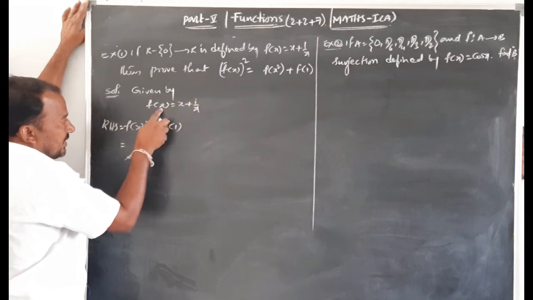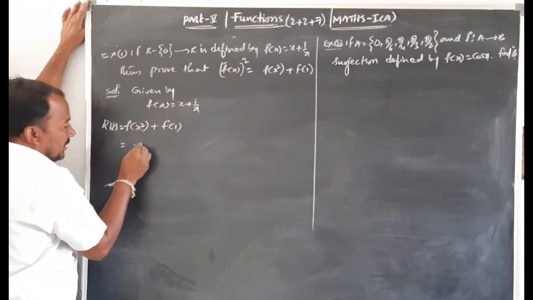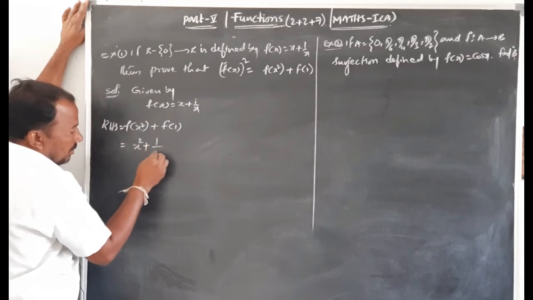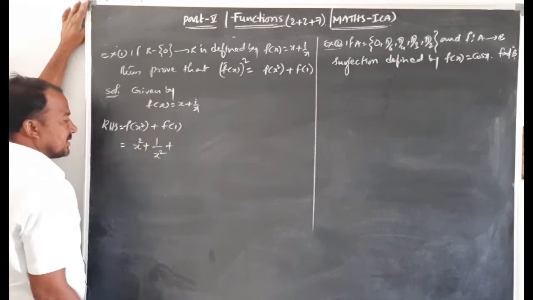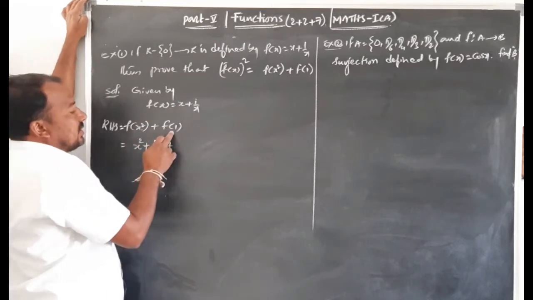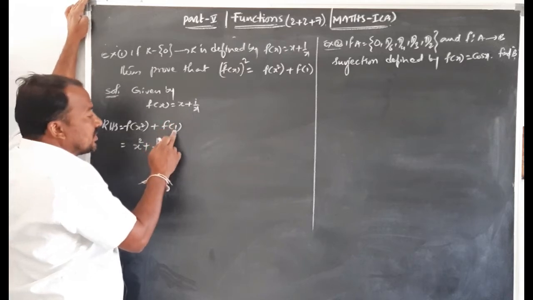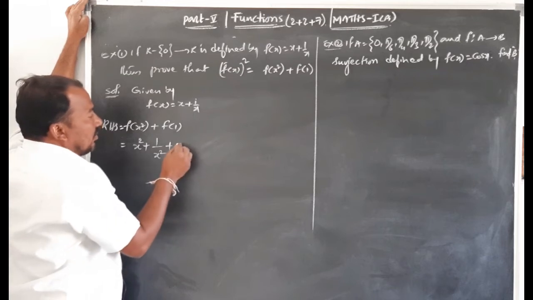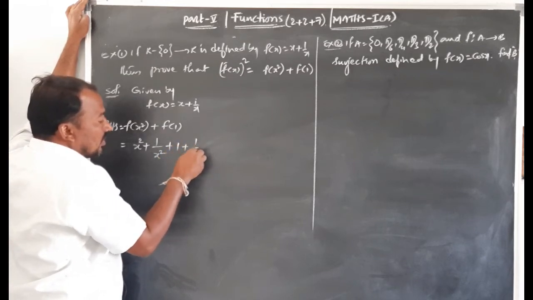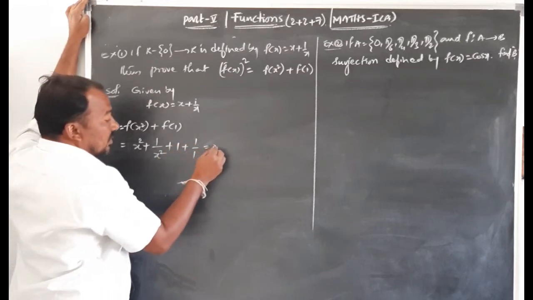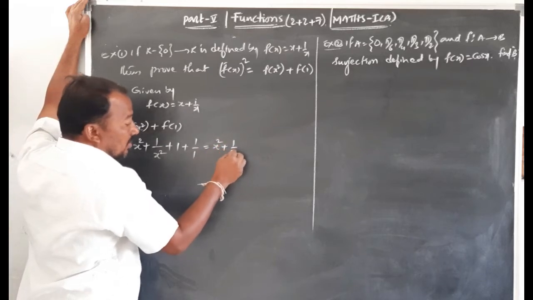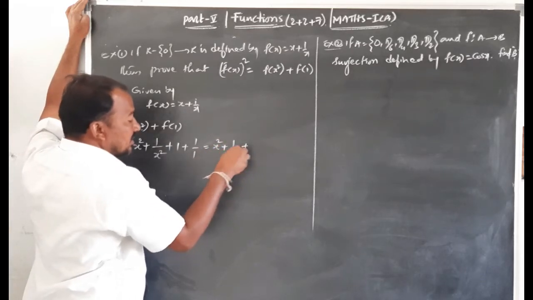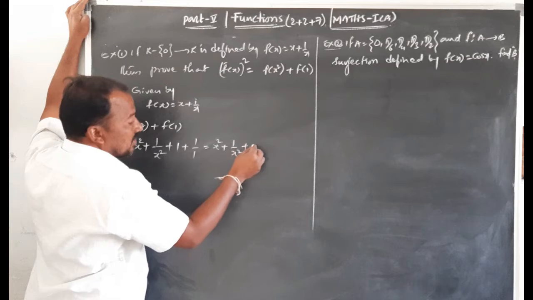Substitute the value of x equals x square: x square plus 1 by x square, plus f of 1. Substitute the value of x equals 1 in the given condition: 1 plus 1 by 1. So x square plus 1 by x square plus 1 plus 1 by 1, which means 2.